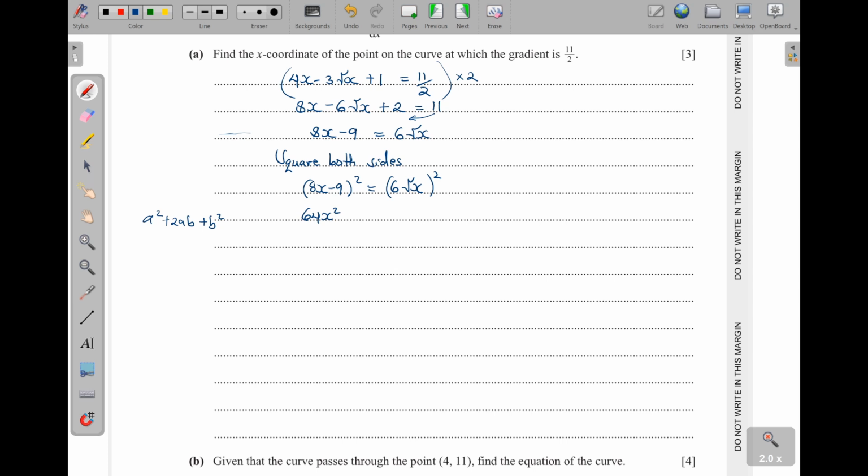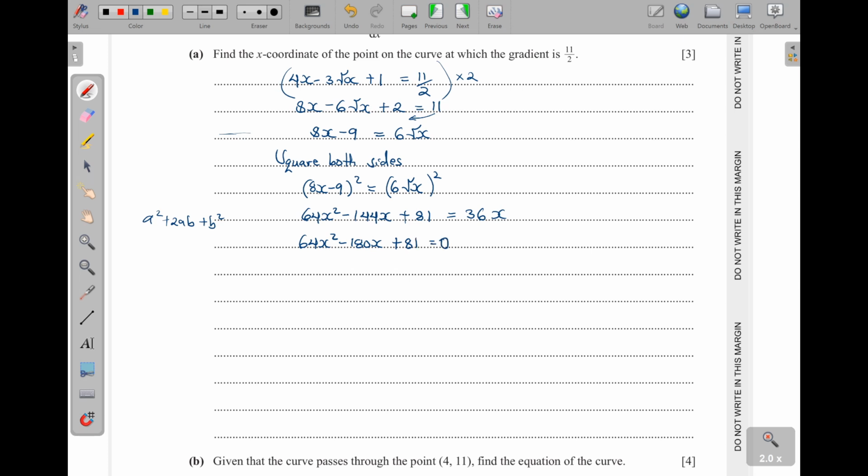Then 2 times 8 times 9, you get negative 144x. And then you square the 9, you will get 81. And then this other side, when you square the 6, you get 36. When you square the square root, you will get the x. Then bring this one to the other side, you will get 64x squared, then minus 180x, minus 144 minus 36, that is minus 180, and then plus 81, which is equal to 0.